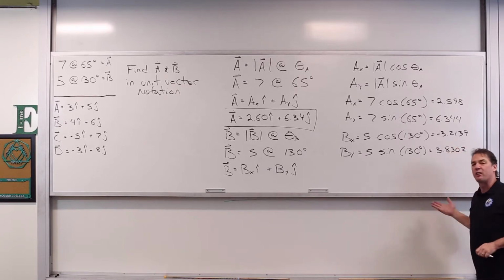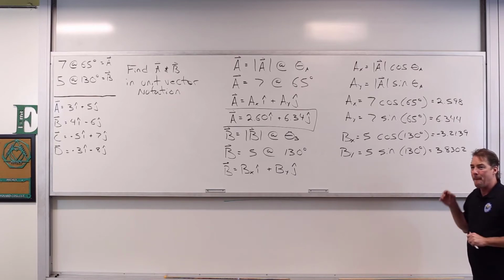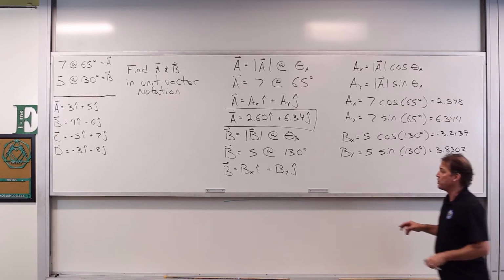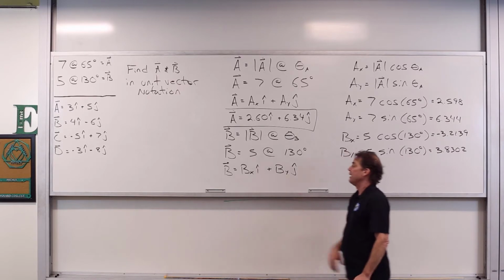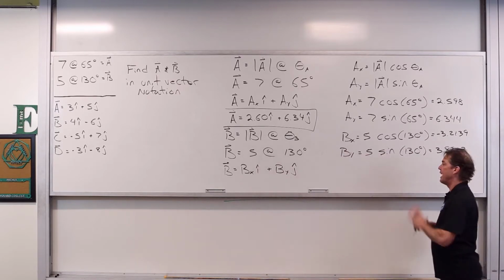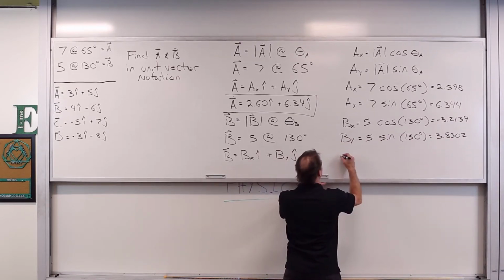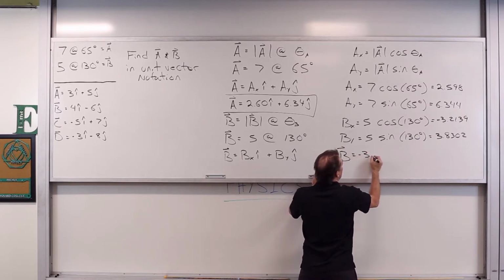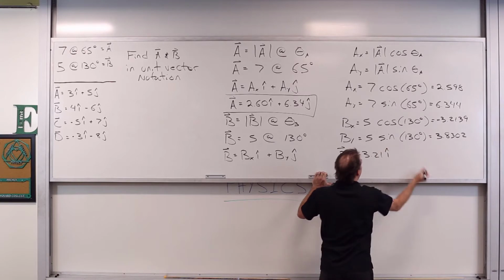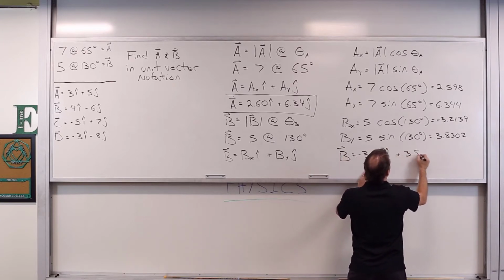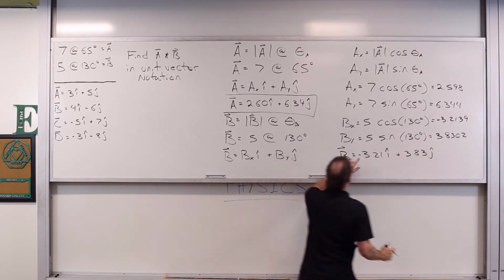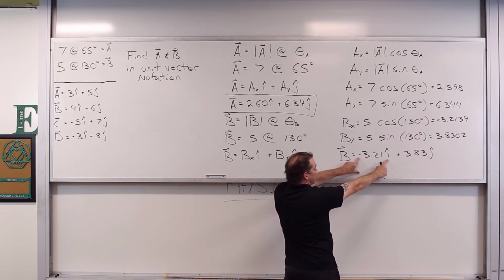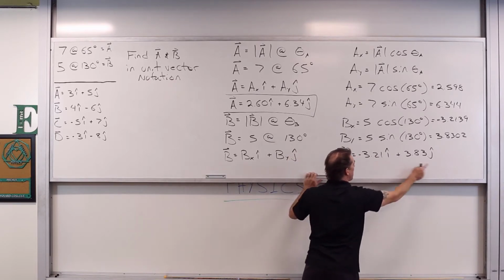Though it comes out in front of the numeric value, it's really about that component being in the opposite direction as either plus i hat or plus j hat. So in the end, B hat is equal to negative 3.21 i hat plus 3.83 j hat. The x component is in the negative i hat direction, and the y component is in the positive j hat direction.